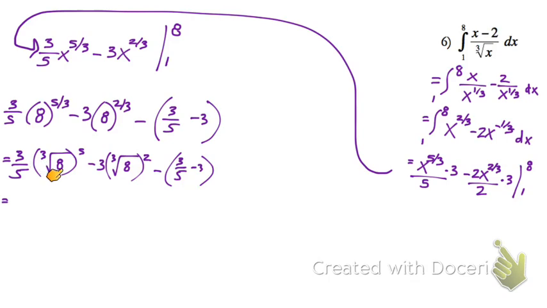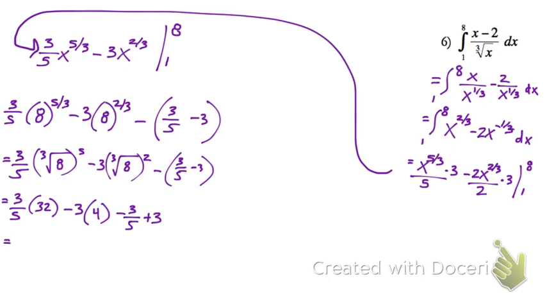The cubed root of 8 is 2. 2 to the 5th power is 32. So this is 3/5 times 32 minus 3 times cubed root of 8 is 2. 2 squared is 4. Minus 3/5, I'm going to distribute this negative now, and then plus 3. So I just distributed that negative to both of those, so I could change their signs.